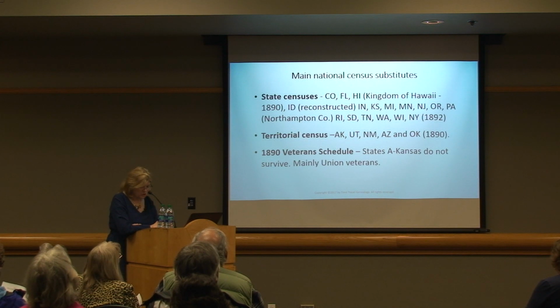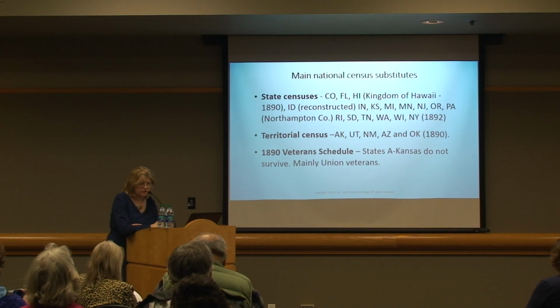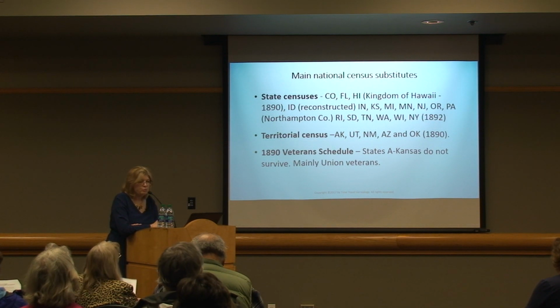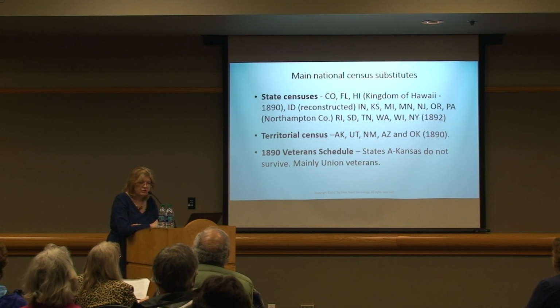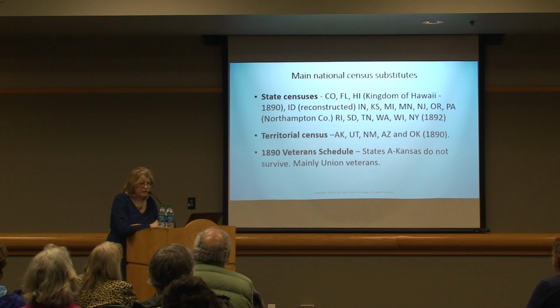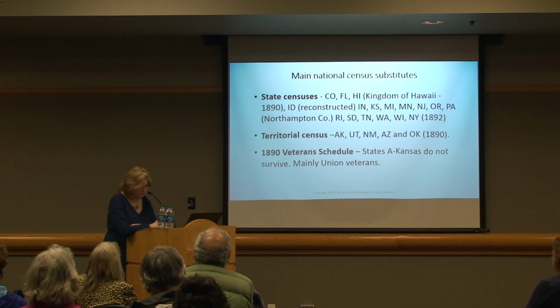Territories at the time took censuses. Prior to becoming states, American territories took censuses because they needed to know how many people were in the territory, because there was a certain threshold of population that they needed to have before they could be admitted into the Union.